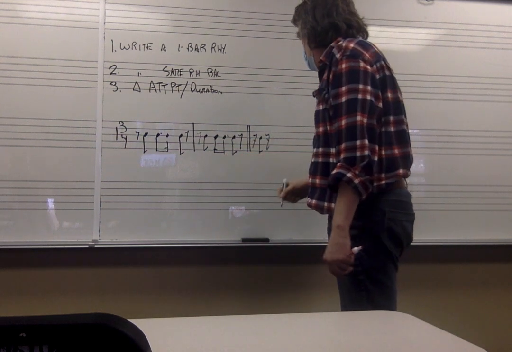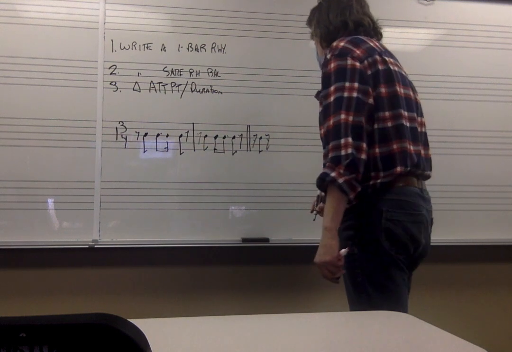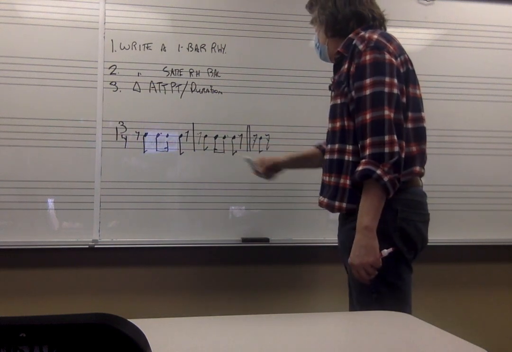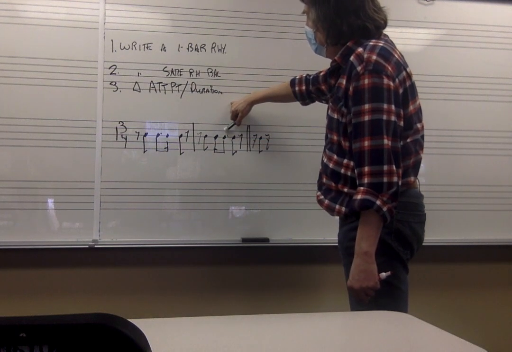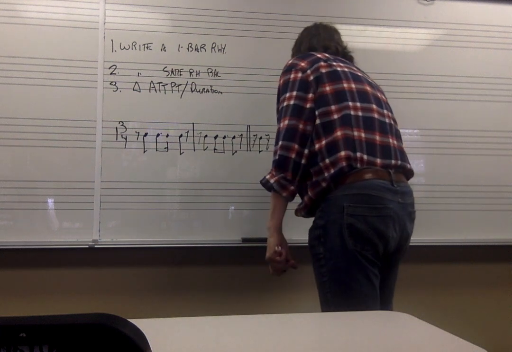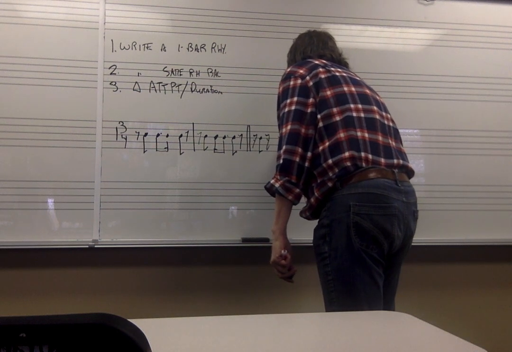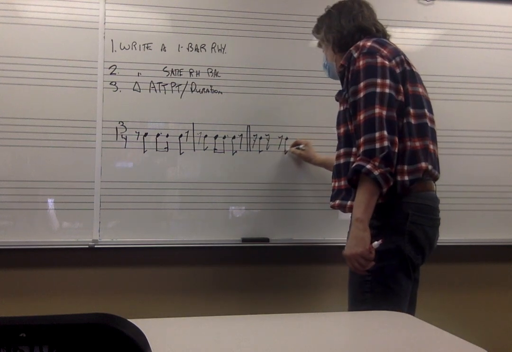So you could either vary this one's attack point or duration. So let's shorten this dotted 8th note into a 16th note, which generates this, like so, a 16th note.